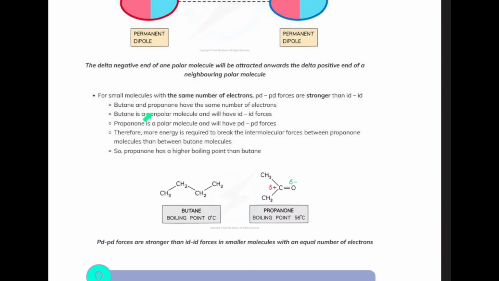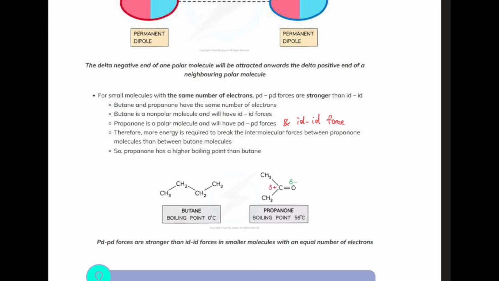Butane is a non-polar molecule, and we have ID forces, just ID. Propanol is a polar molecule, and we'll have PD forces as well as ID forces. You know, ID forces happen on all kinds of molecules, no matter if polar or non-polar. So I add here ID forces.